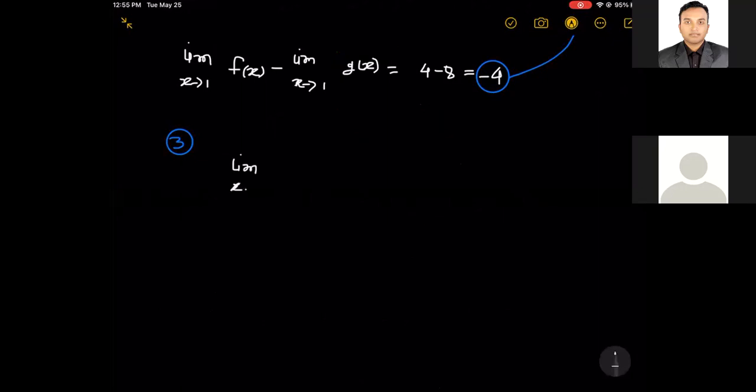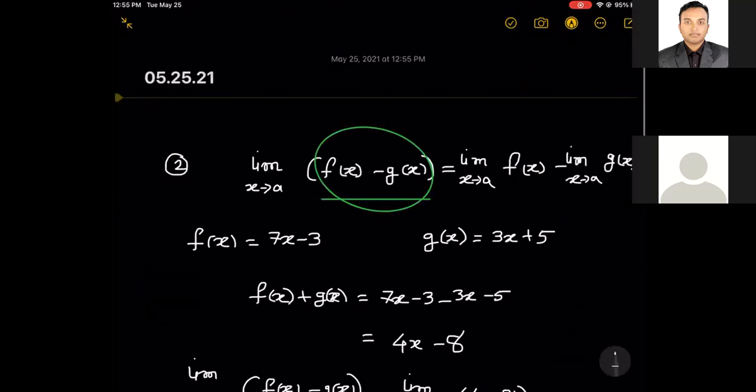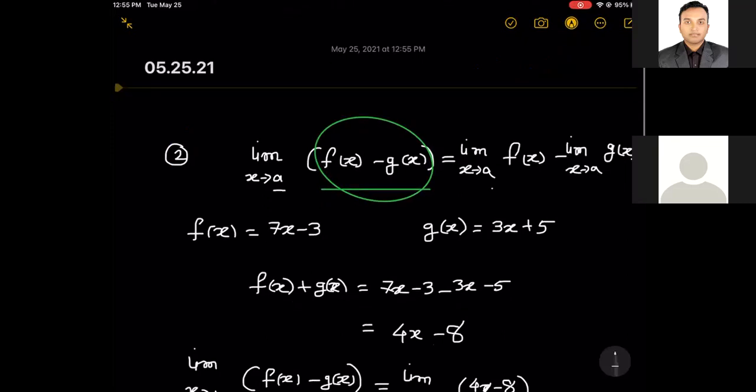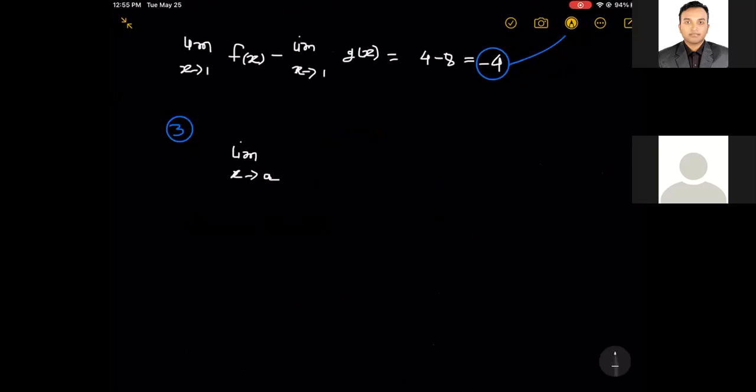The theorem: limit as x extends to a of c f of x, c is any constant, equals c times the limit as x extends to a of f of x.